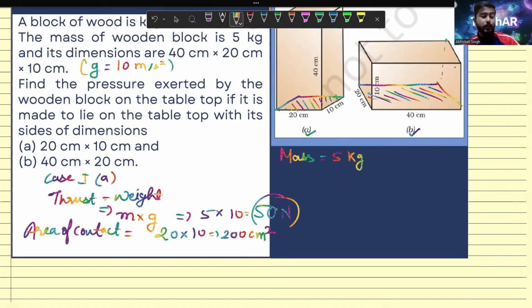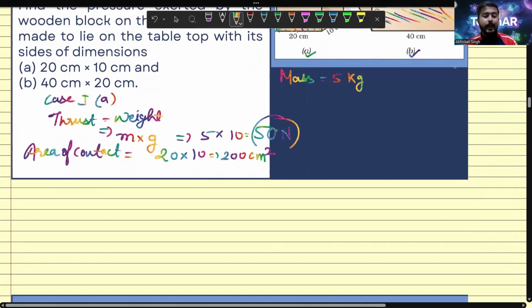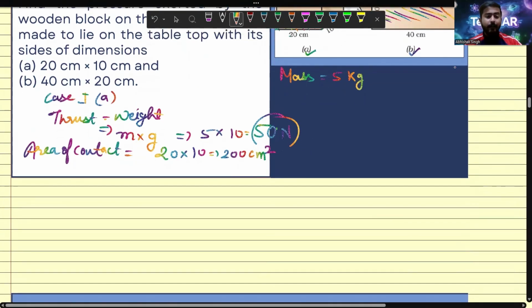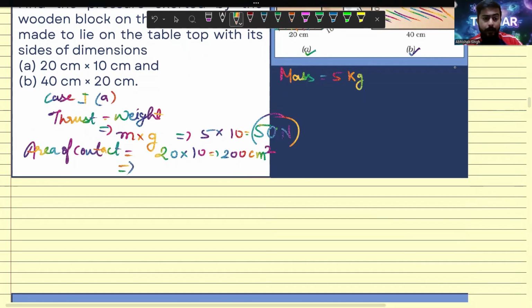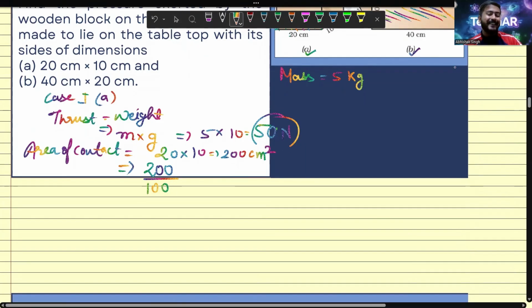in centimeter square. So whenever we will calculate this, we have to convert this into meter square. How can we convert it into meter square? If I have to convert a centimeter into meter, I will divide that with 100. But it's not only centimeter, it's actually centimeter square.